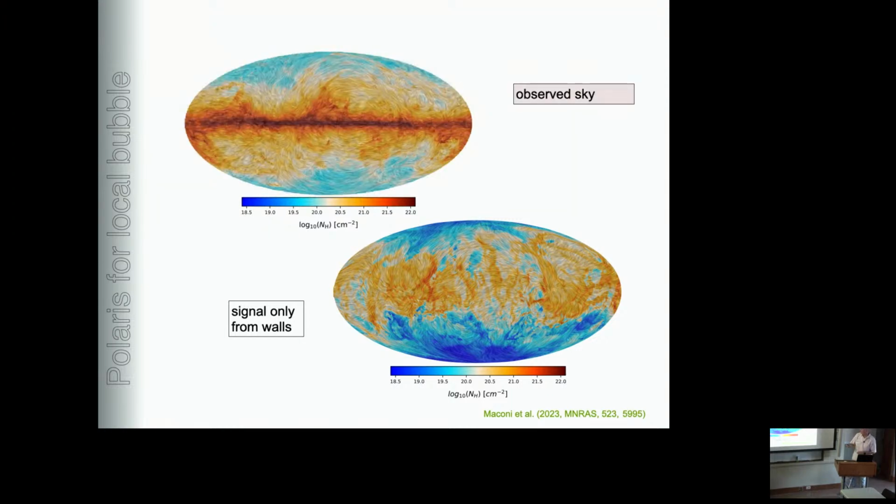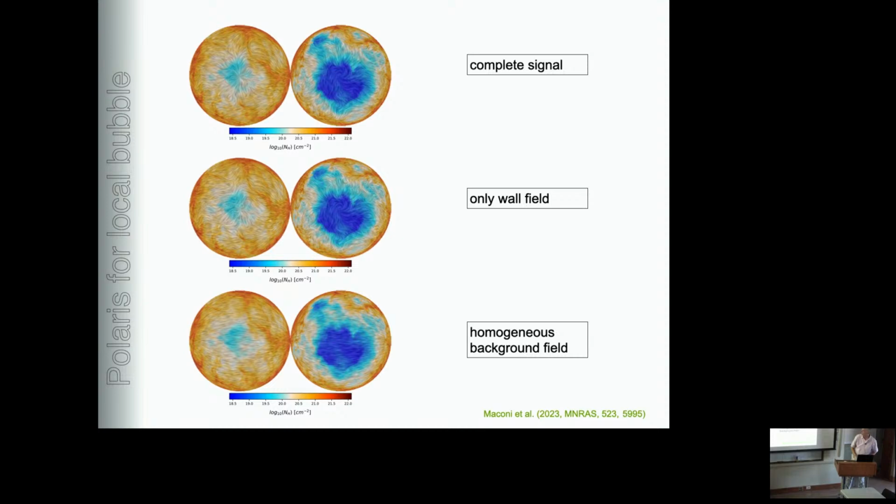And it is clear we are missing out on the disk, but we are doing not so badly towards the south and north galactic pole. And we have exact information where the polarization comes from, how it differs in different sidelines. This is a different projection.